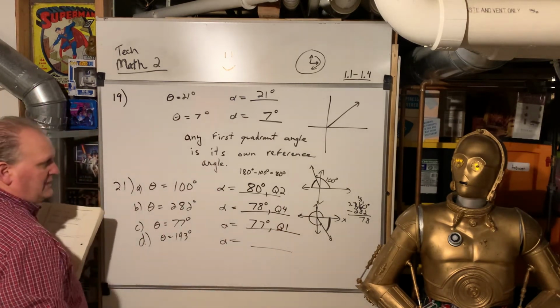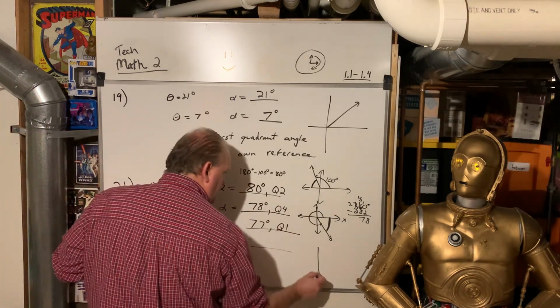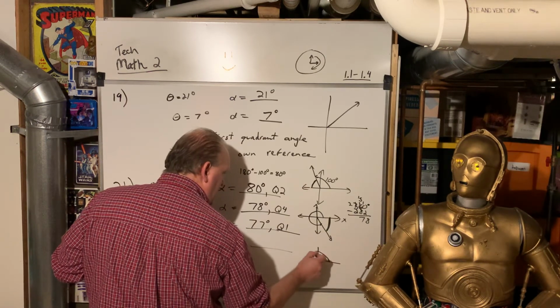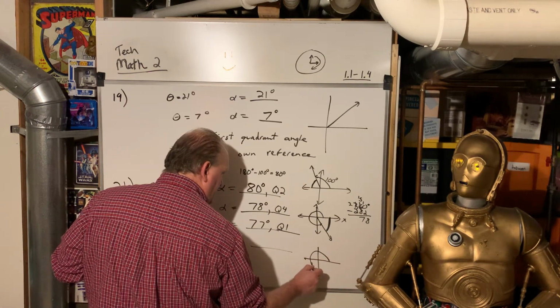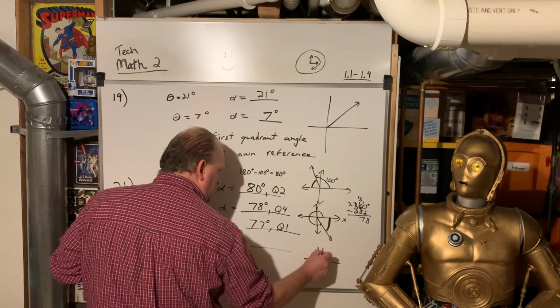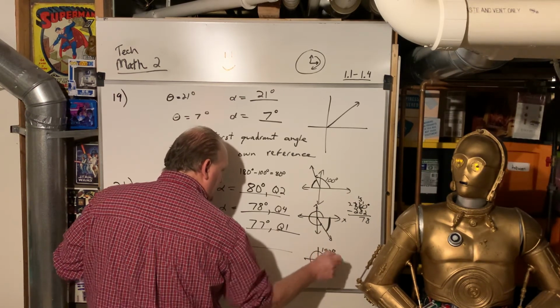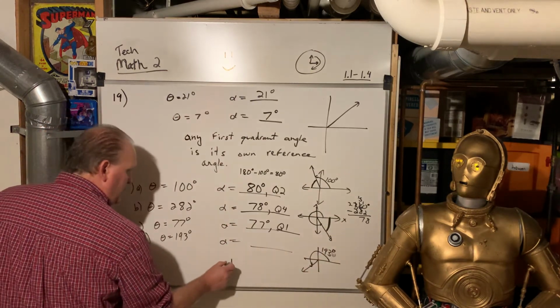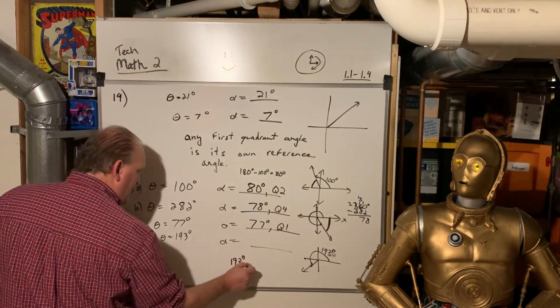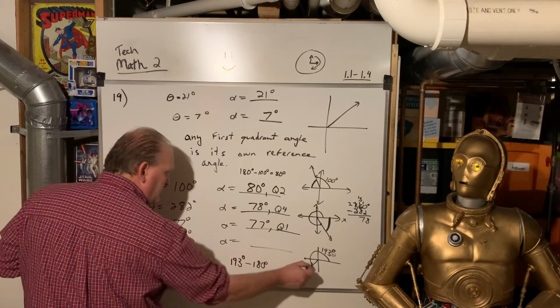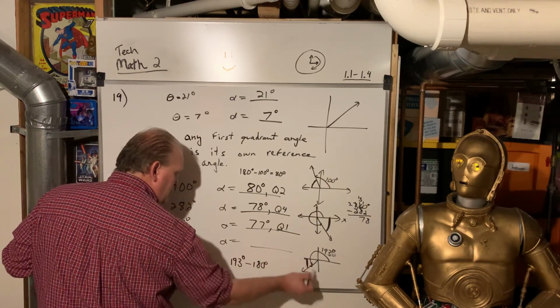And 193 degrees. Let's take a look at that one. 180 and then a little more. So that's 193 degrees. So in this case, we're going to take 193 minus 180, and that'll give us this little piece right here, which is our reference angle.